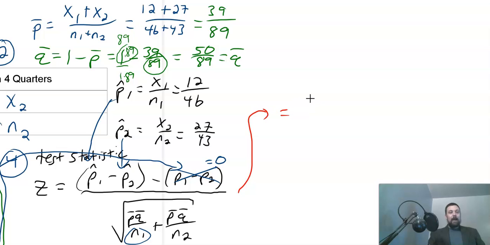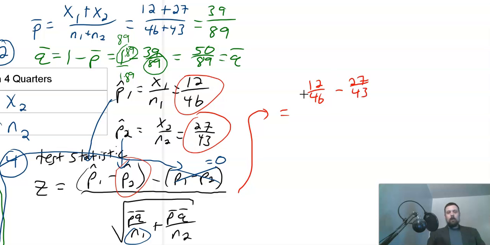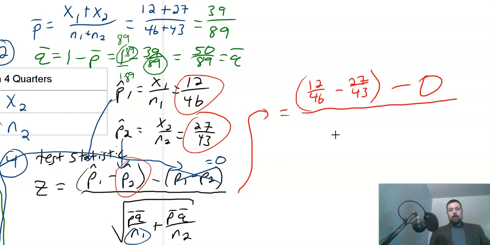All right, so P1 hat is this number here, 12 over 46, minus P2 hat, which is this number here, 27 over 43, minus 0, because this zeroes out because we're assuming these two are equal to each other. So when I subtract them, it equals 0.